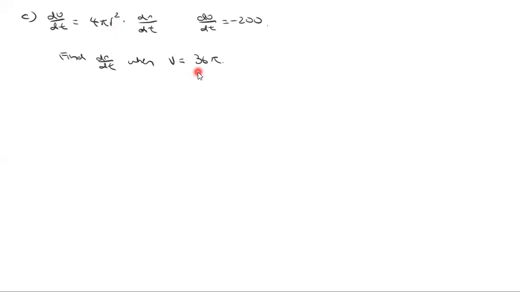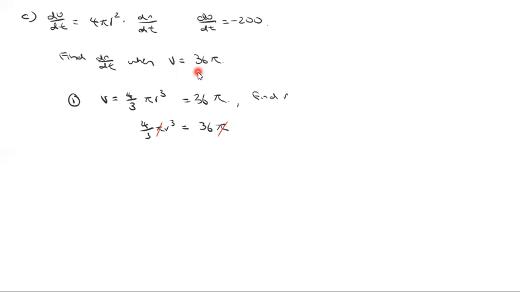We'd need to find r so that the volume is 36 pi. So the first step is, using the relationship that V equals 4/3 pi r cubed, which is 36 pi, find r. So we're solving 4/3 pi r cubed equals 36 pi. You can see that the pi just cancels.